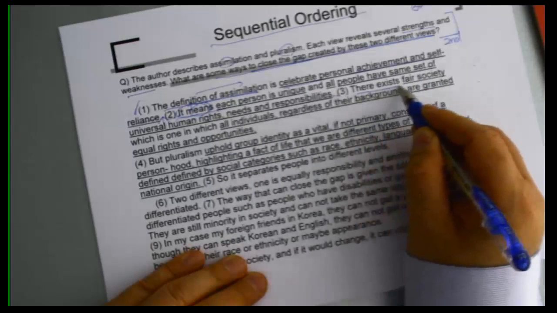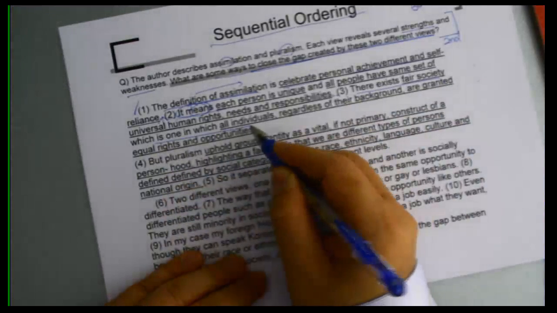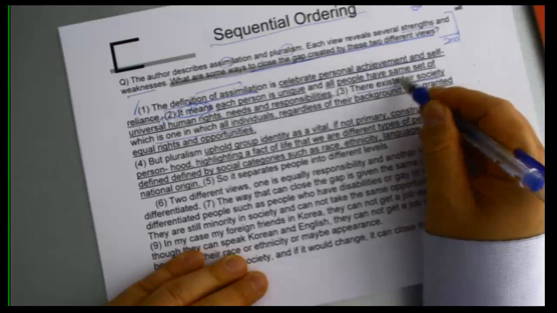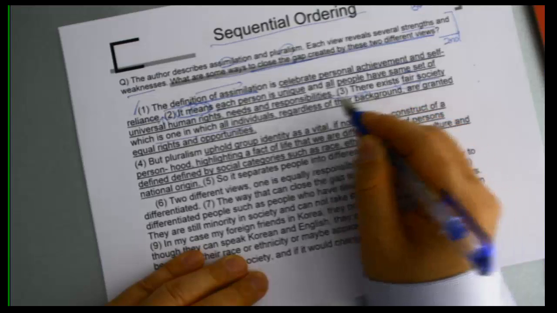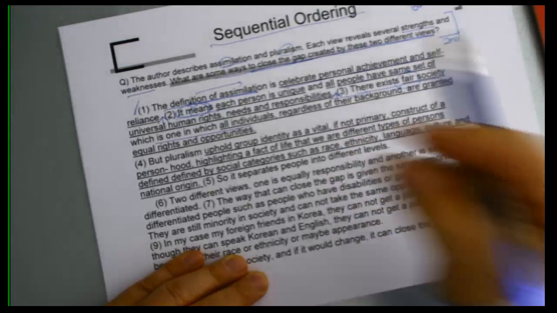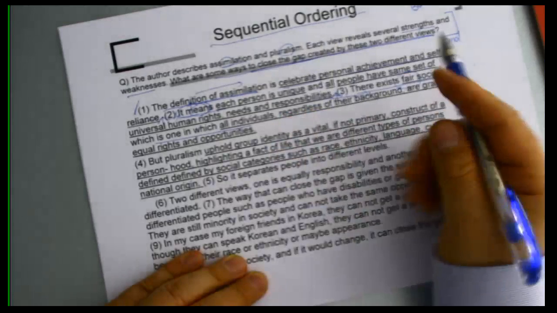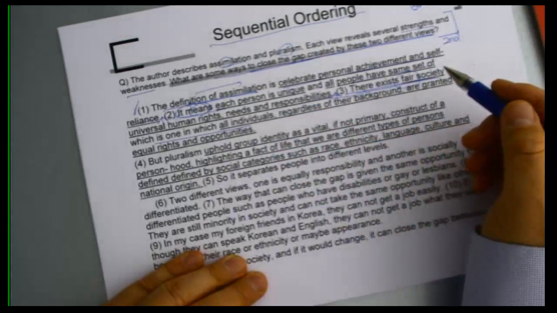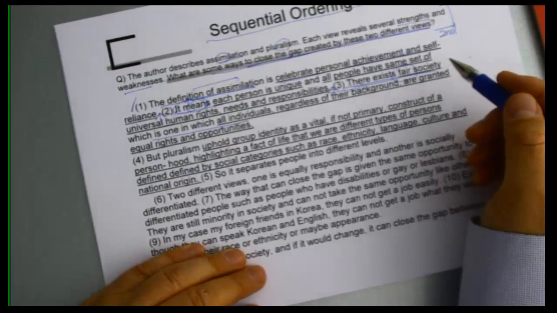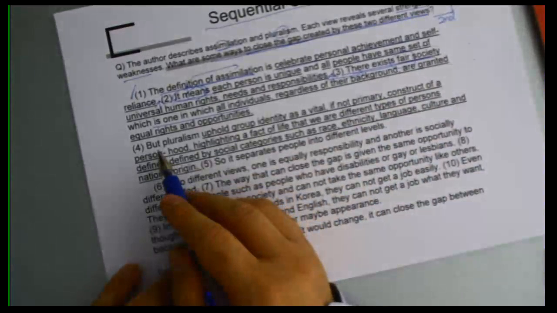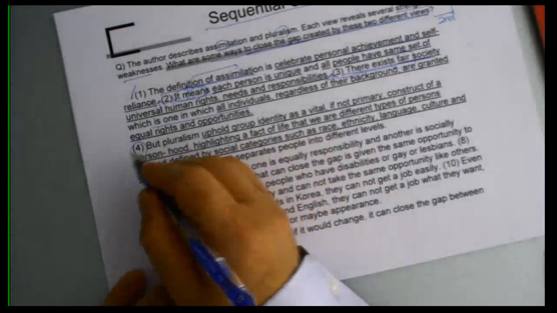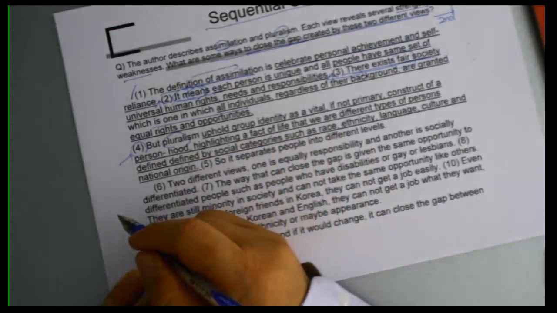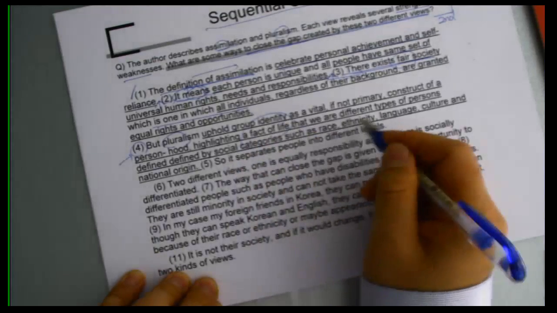He says there exists a fair society and so on. So it looks like he's portraying a society where this assimilation is applied. So there's a little bit of shift. Two sentences are about definition, and then probably in the third sentence he tries to provide an example. Now, fourth sentence, he shifted into pluralism and then offers some sort of definition.